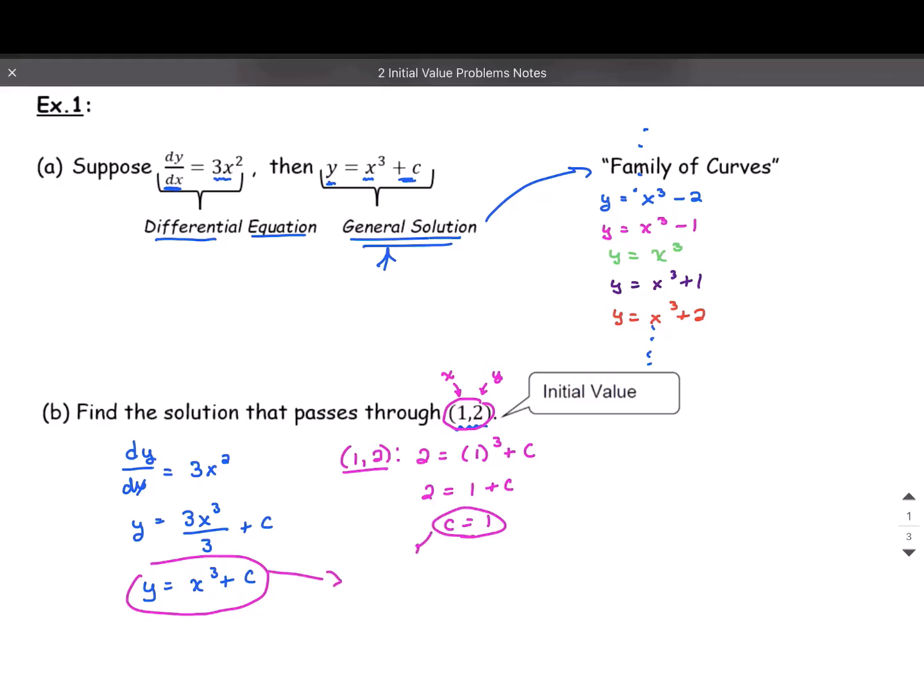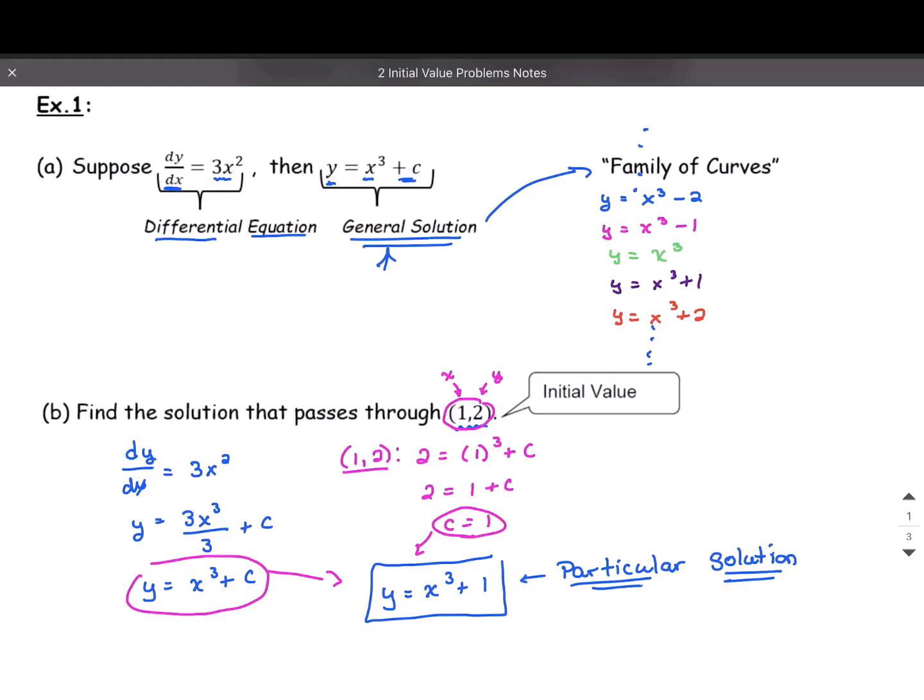We have to put these both together to tell me that y equals x cubed plus 1. This is the particular solution to our problem, because not only does this solution satisfy the differential equation, it is the only one that also passes through the point 1, 2. Okay, so that's how it works.